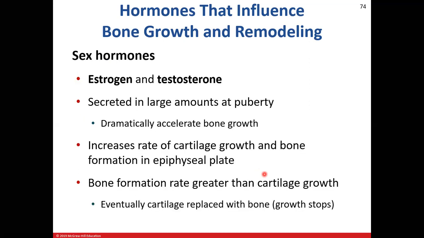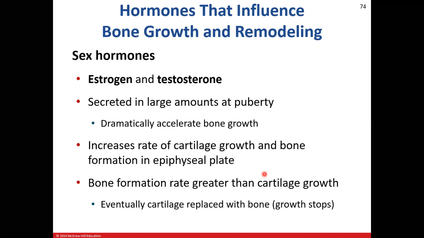A couple of the other hormones that help develop or influence bone growth are our sex hormones. And these are estrogen and testosterone. And these are going to be secreted, obviously, in large amounts as we get to puberty, and they dramatically accelerate bone growth. And this is where you start to see a lot of growth spurts.